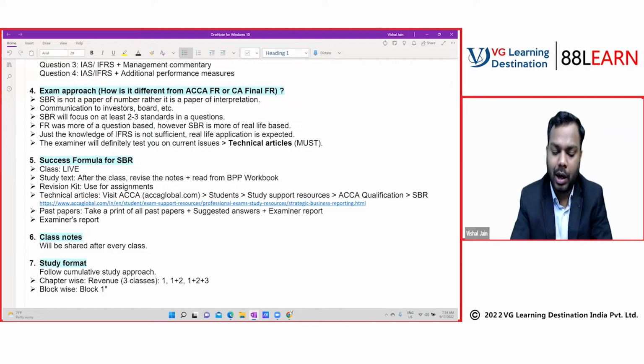Let's suppose block 1 goes on for 6 classes; you will revise it this way, 1 plus 2, and the same logic will apply here. I believe you have understood what I'm trying to say. Guys, please confirm.